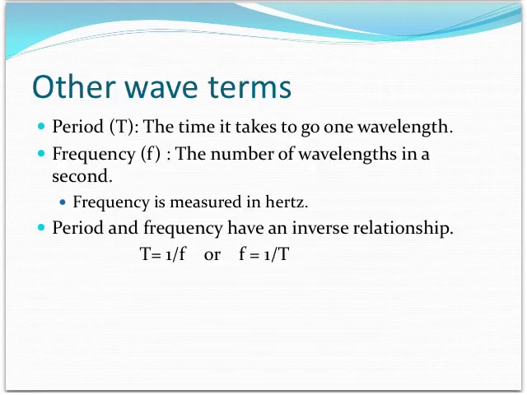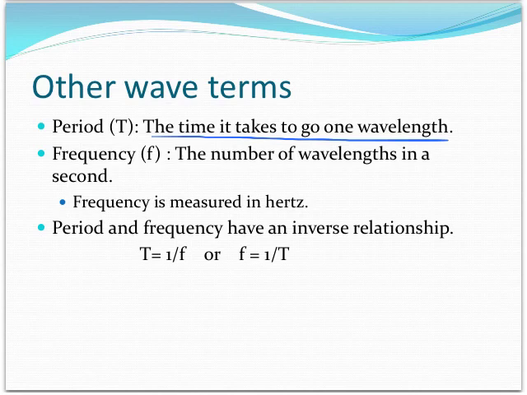Okay. Some other terms, and we've dealt with some of these already. Period is the time it takes to go one wavelength. All right. So if one wave occurs in 6 seconds, your period is 6 seconds. Frequency is the number of wavelengths in 1 second.